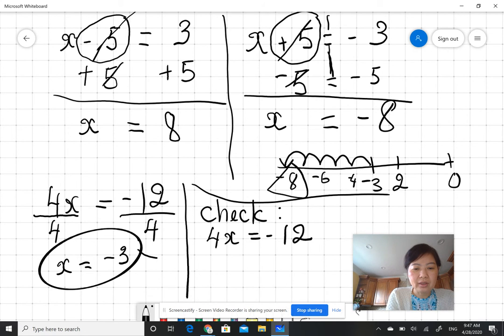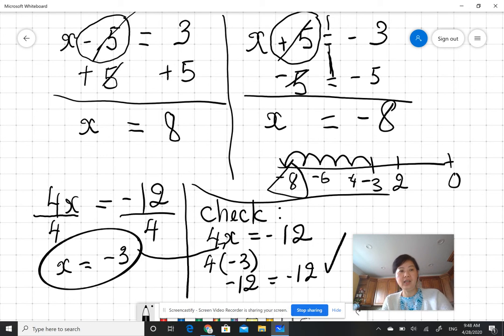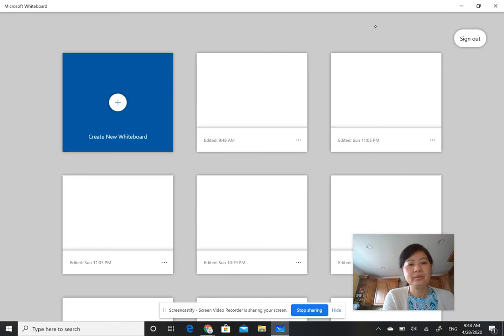So you put negative 3 in for x there. So 4 times negative 3, right? You know that 4 times negative 3 is negative 12. So it's equal to negative 12. So this is correct. Okay? All right, let's go to the next example.